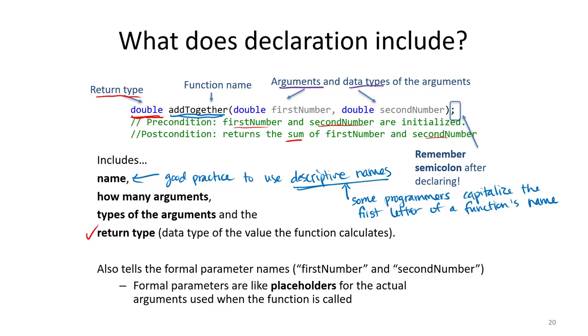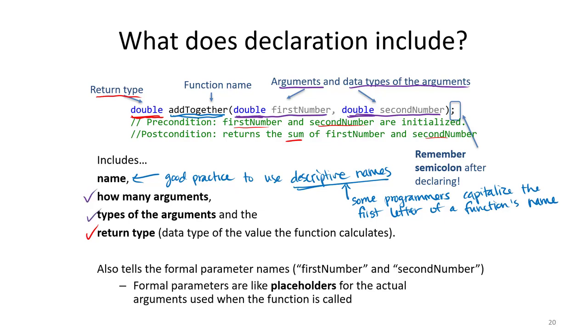Next item is the arguments and the data types of the arguments. So we can see that in this case, our add together function will accept 2 doubles as its input arguments. And we see that the function is expecting both inputs to be double type values.